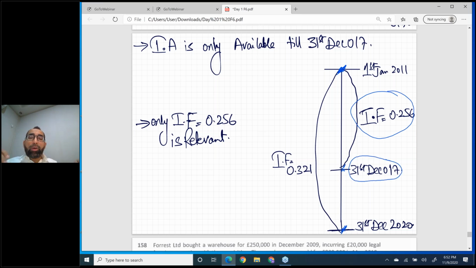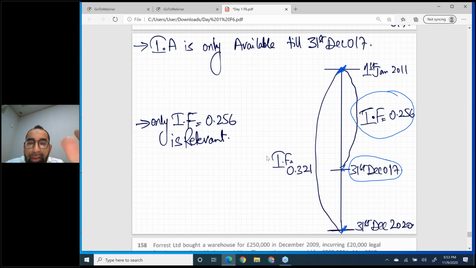We are only eligible for indexation allowance till 31st December 2017. No more indexation allowance is available after 31st December 2017. So if any index factors are given after 31st December 2017, they are all irrelevant, ignore them. So only 0.256 is relevant.